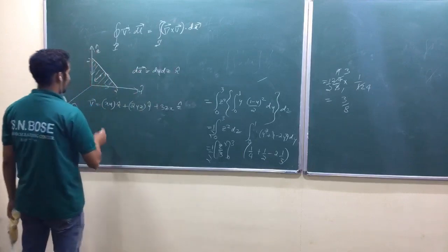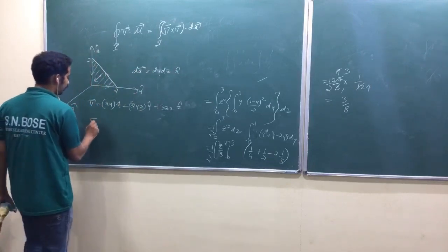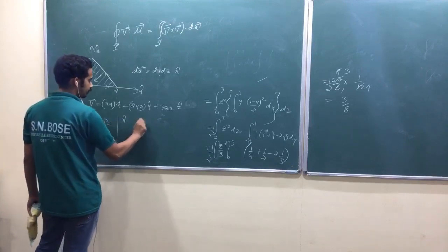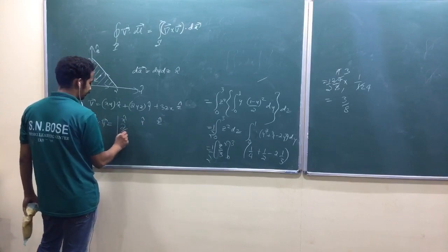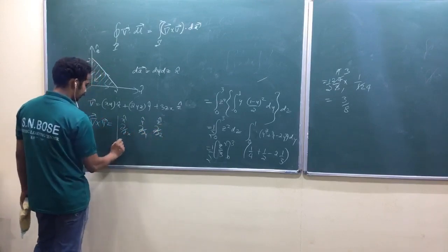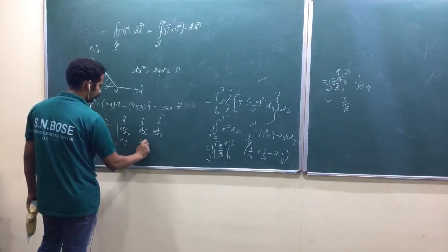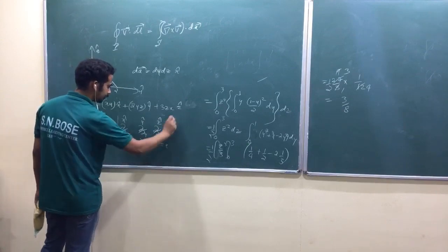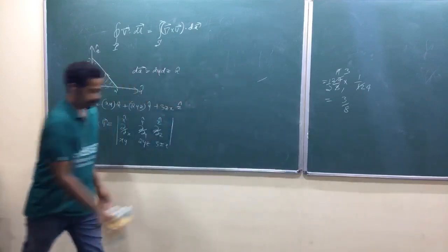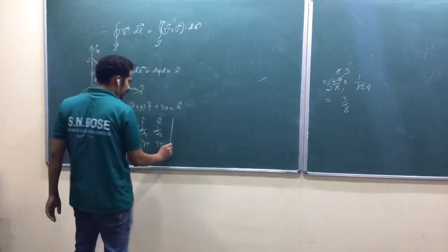So now again I have to take the curl. Can you just find it quickly? Find the curl of xy, 2yz, 3zx. So be a little fast in writing the steps.